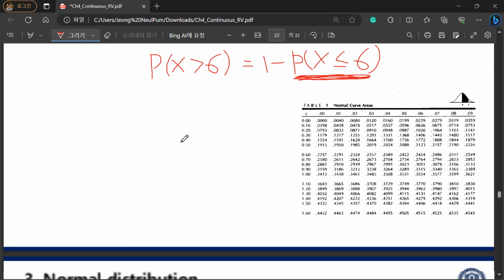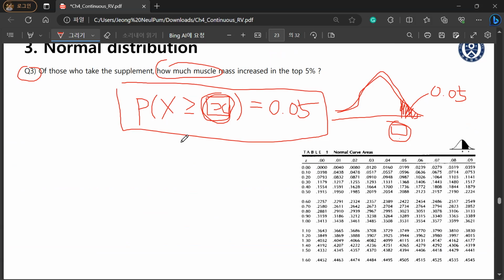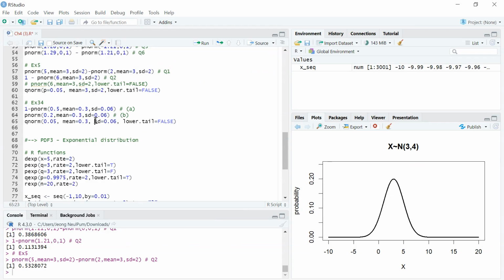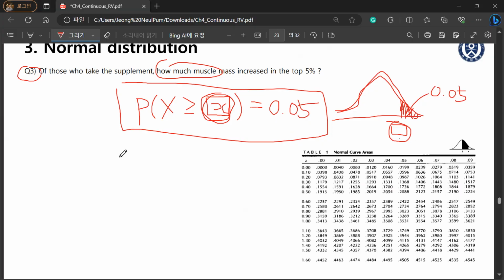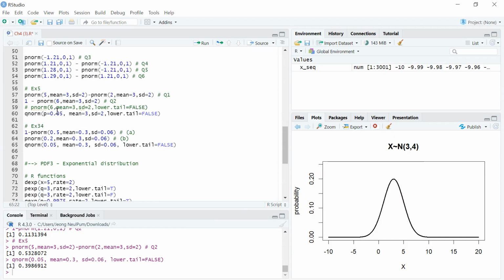The answer has to be this one. Oh, sorry, I was dealing with this part. I was a little bit confused because the mean and standard deviation were different from the previous situation. Actually, we were dealing with example number 5, where our mean value is 3 and standard deviation is 2.